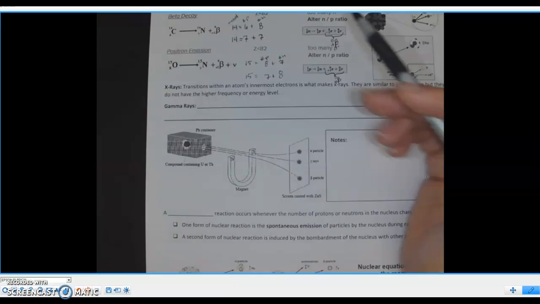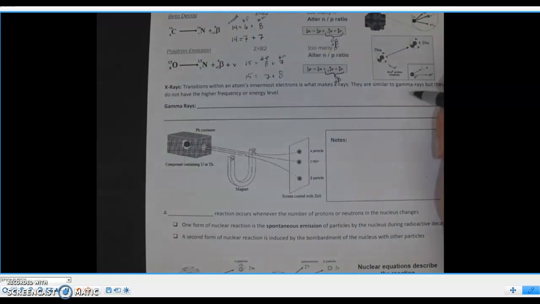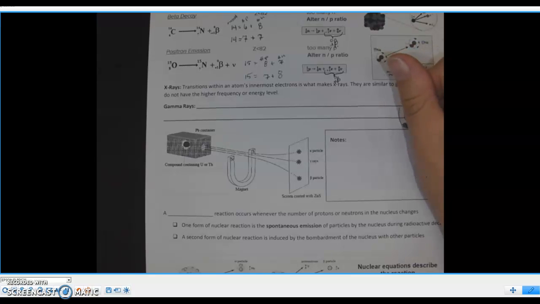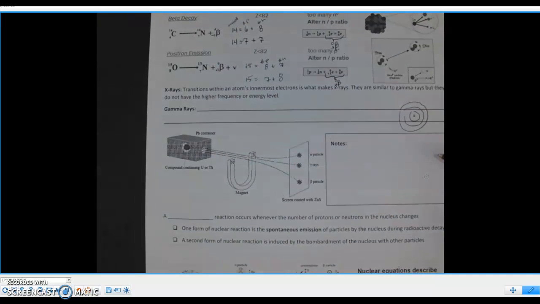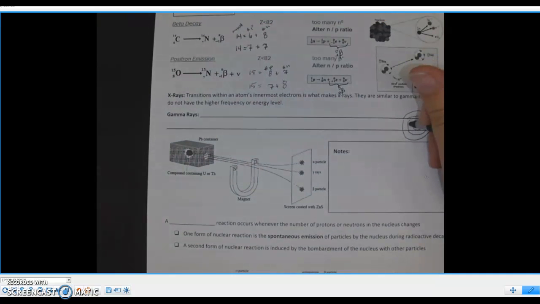They have higher energy than normal. So what I mean by that is, remember when we were talking about the Bohr model and we have the different energy levels? Well, typically when we make this transition in any type of these decays, we are left with electrons that are in higher energy levels, and they're going to make that jump back down to lower energy levels in order to stabilize.